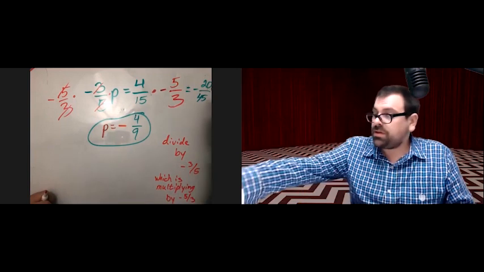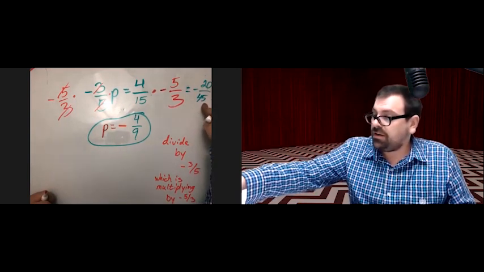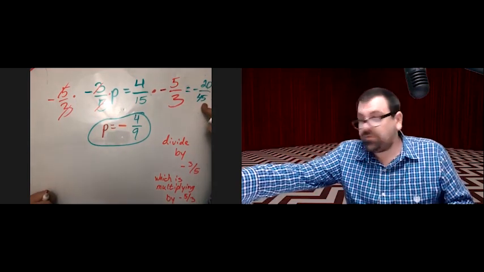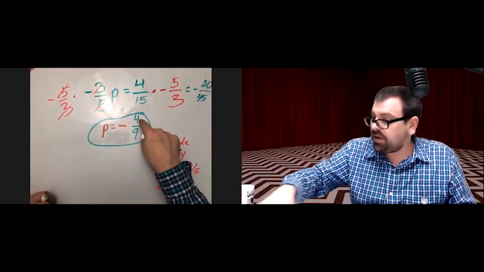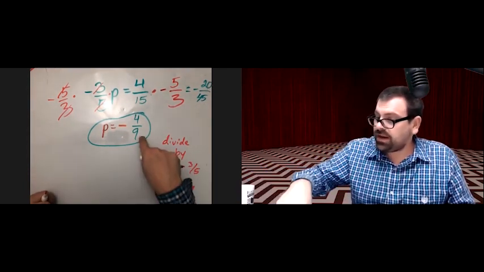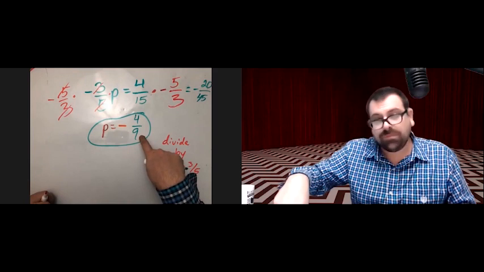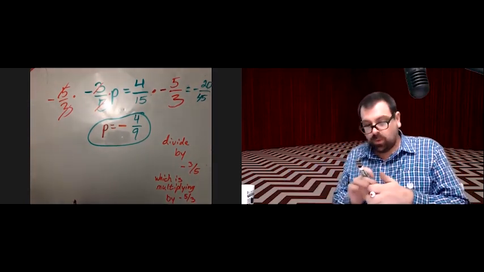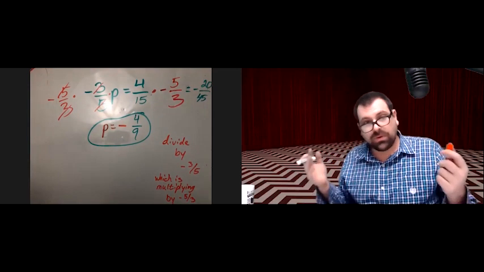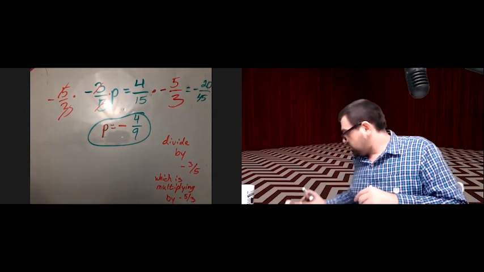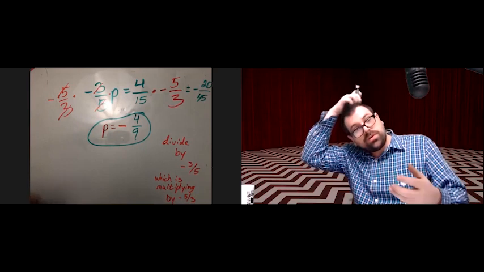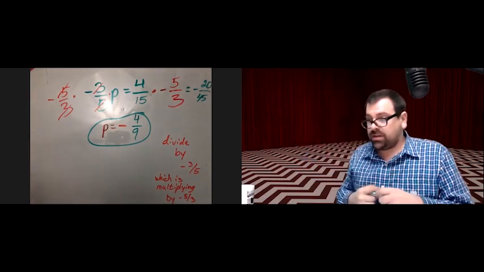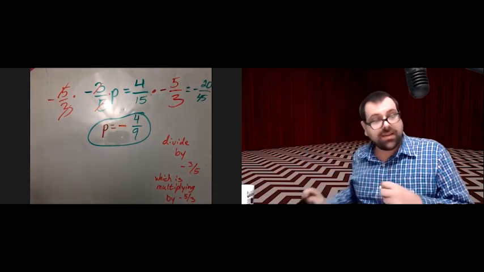We can reduce. 20 and 45 are both divisible by 5. 20 divided by 5 is 4. 45 divided by 5 is 9. So it's important to be able to work with fractions in order to solve equations that might have fractions in them.